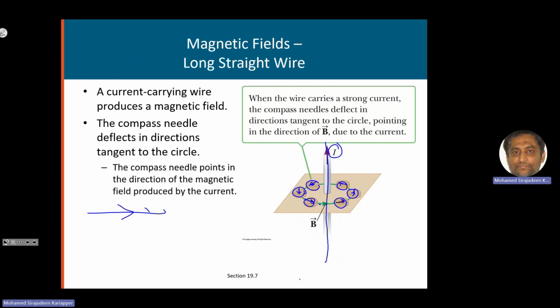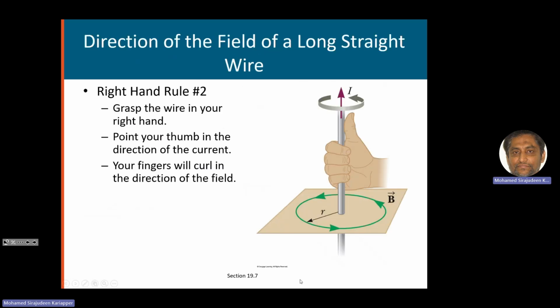What about whether that circle is pointing clockwise or counterclockwise? That also, we know how. We use a rule called right-hand rule number 2. You should not confuse it with right-hand rule number 1, which is for the direction of the magnetic force.